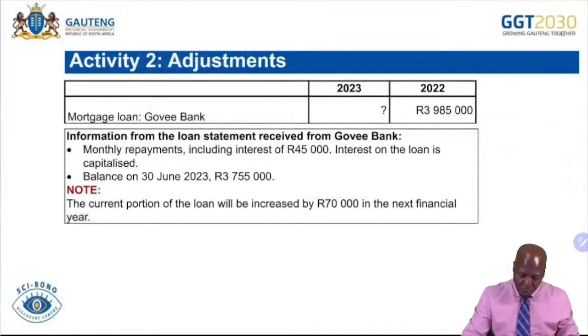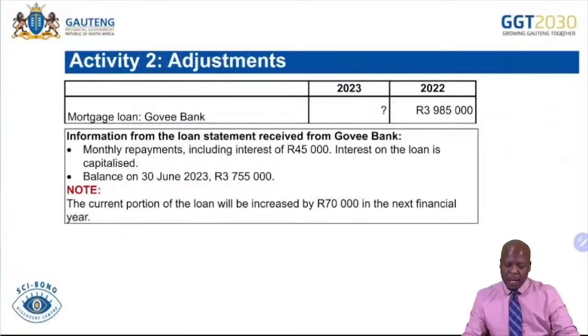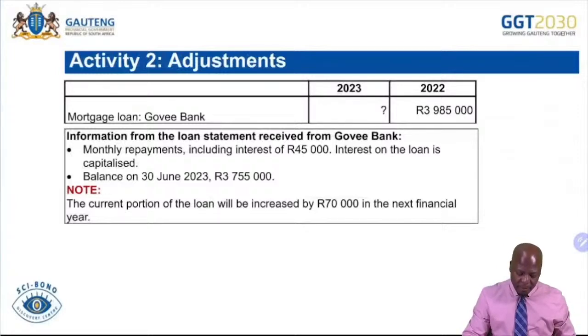The next adjustment is on the loan, and it says information from the loan statement received from Group Bank, monthly repayments including interest of 45,000. Interest on loan is capitalized. Then we're given the balance at the end. This is the balance at the end, and this is the loan at the beginning.